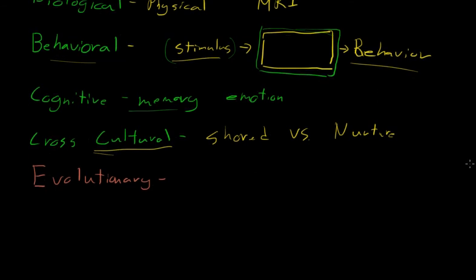Moving down the list, we have humanistic, which is the one I have the most trouble understanding myself. I've read about it and I can tell you what I've read, but humanistic seems to focus on the potential of humans, human potential.